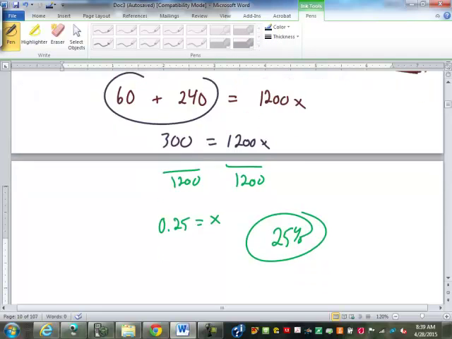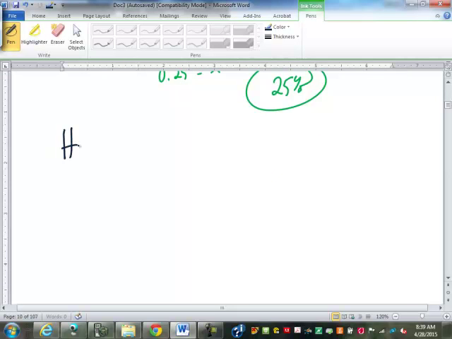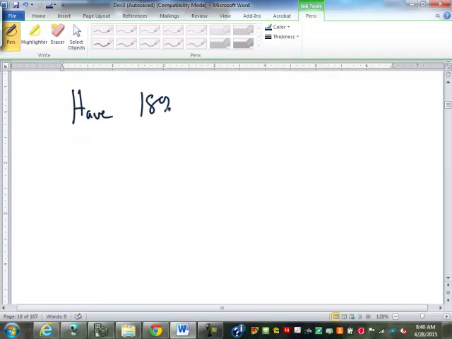So now what we're going to look at is what if we do it a little bit differently? What if we ask, oh, let's do this. So we have an 18% solution and a 27% solution.